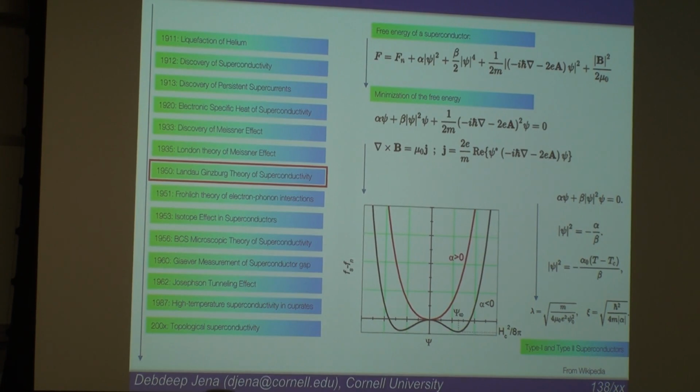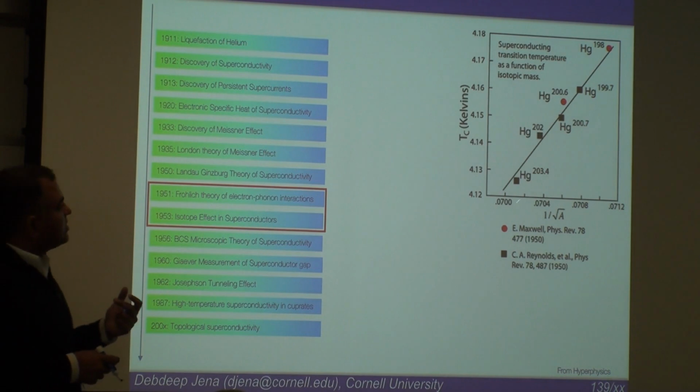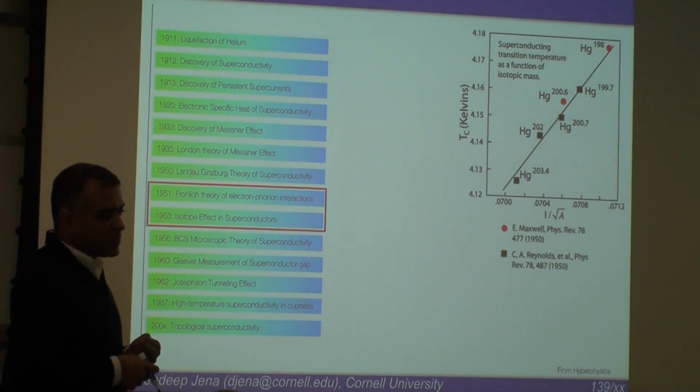The hints for that came from experiments, but before that, here's one of the most critical experiments. If you measure the critical temperature of a superconductor as a function of the mass of the atom from which you made the superconductor. Here, all of these are mercury, but there are different isotopes of mercury.